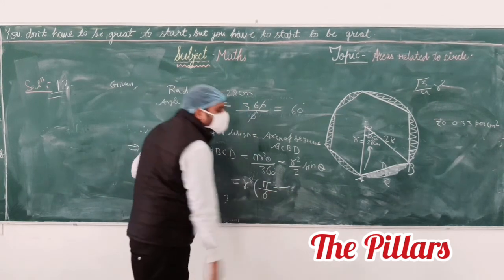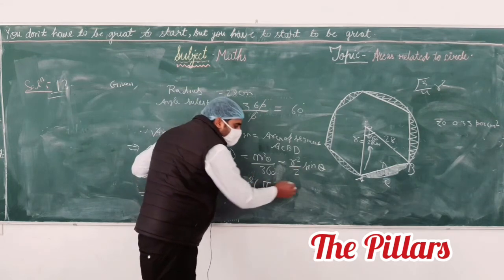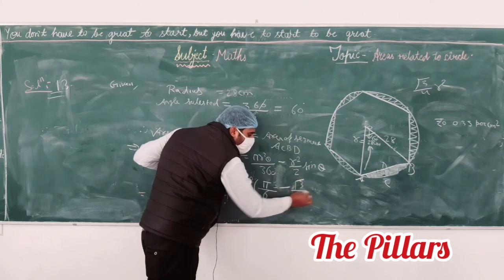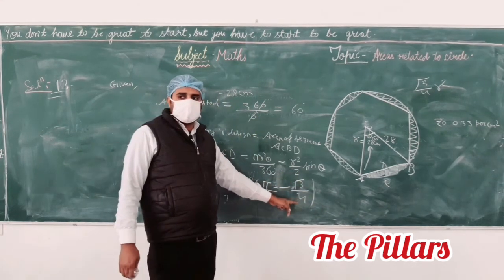Minus r square, common out, sin theta, sin 60 value is root 3 by 2, and into 1 by 2, minus root 3 by 4, or not. Till here anyone have any problem?